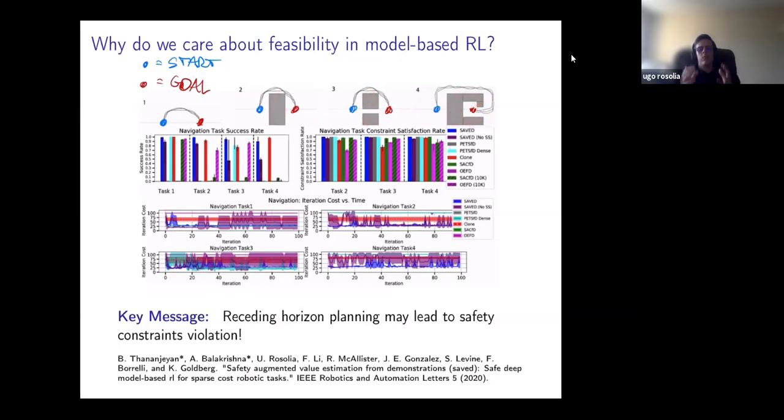And again, their idea was to merge strategies from the model-based RL and the control community to guarantee safety. And so hopefully with this example, I've convinced you why it's interesting and it's important to look at this recursive feasibility issue in receding horizon planning.